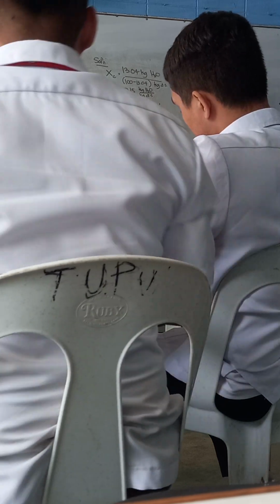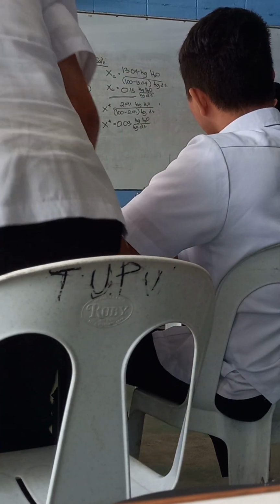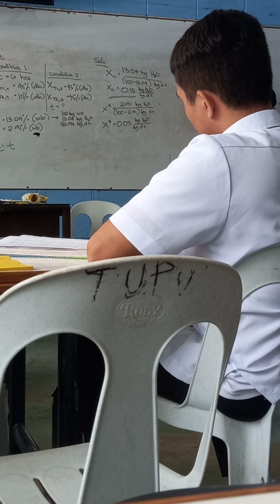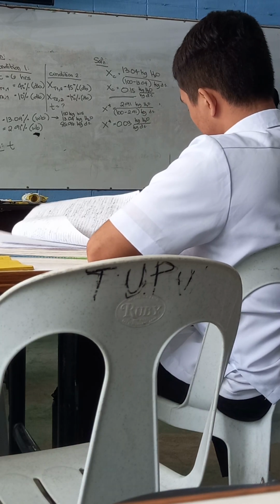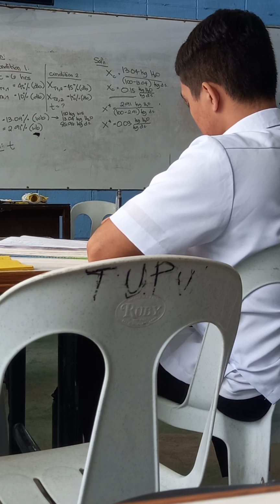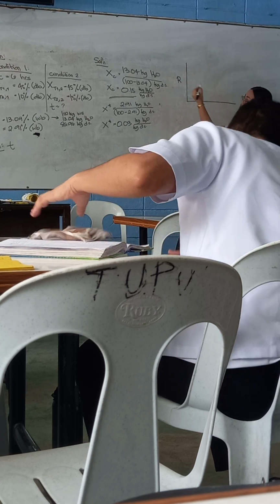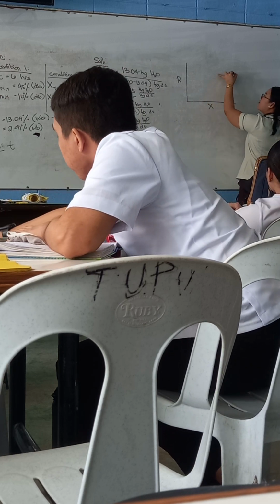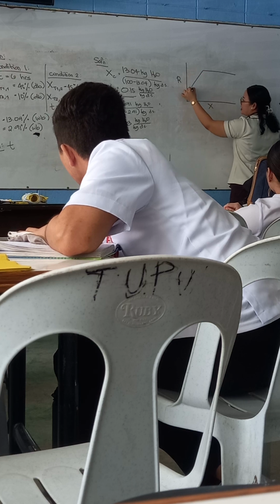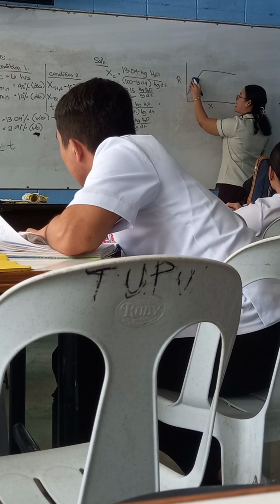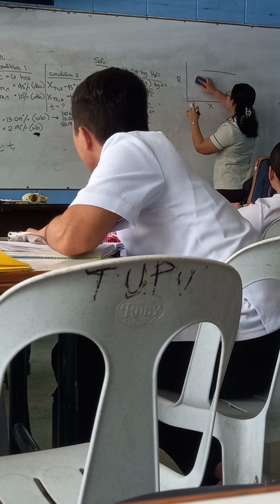Okay? Next thing that we'll do, before we proceed to the formulas, is to assess and estimate which drying conditions pass through condition 1 and condition 2. So let's have a rough estimate of our rough graph of the drying curve.